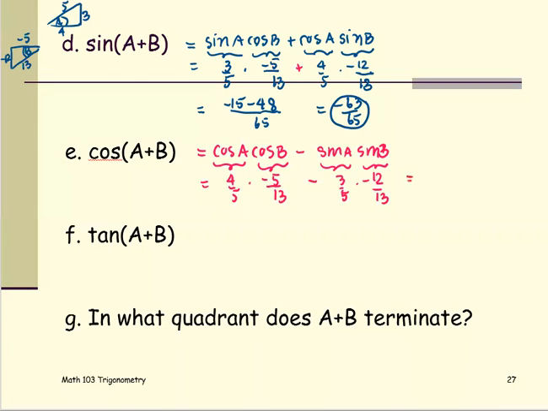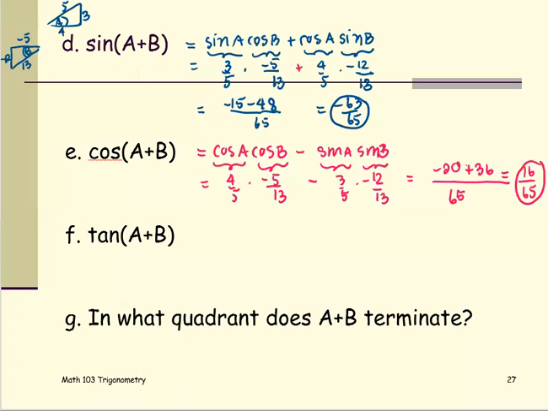Simplify the numbers with the same denominator. So 5 times 13 is 65. The first term of the numerator is negative 20. The second term is positive 36. Simplify the number to be 16 over 65 as the exact value of the cosine of the sum of A and B.